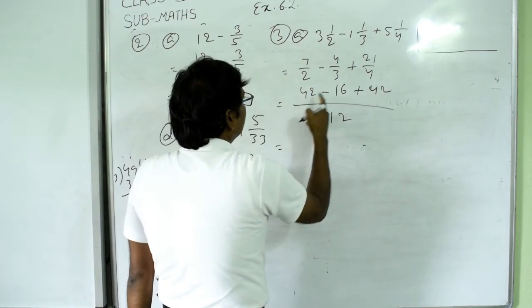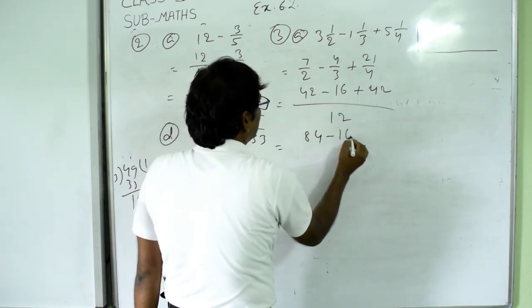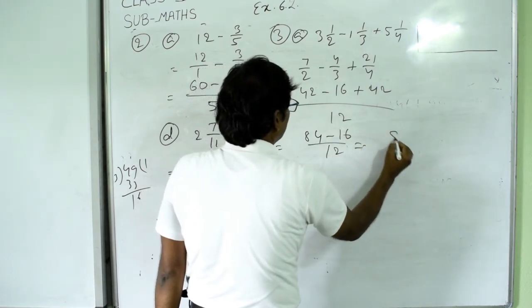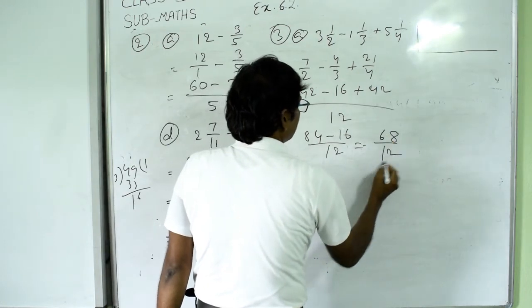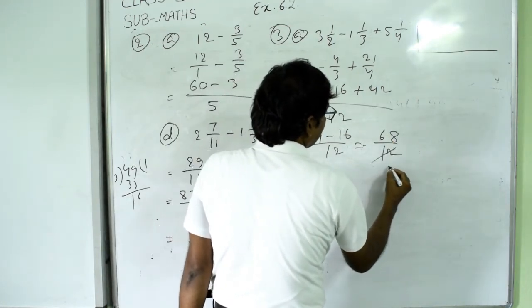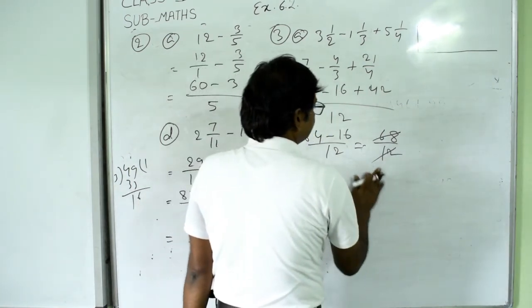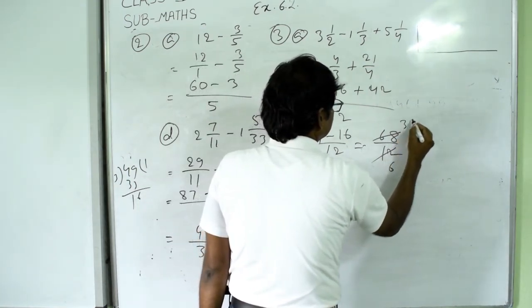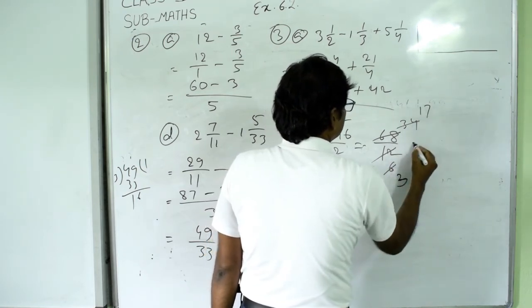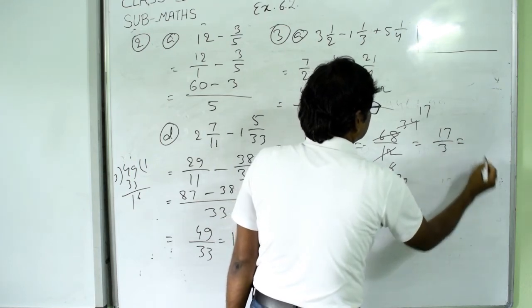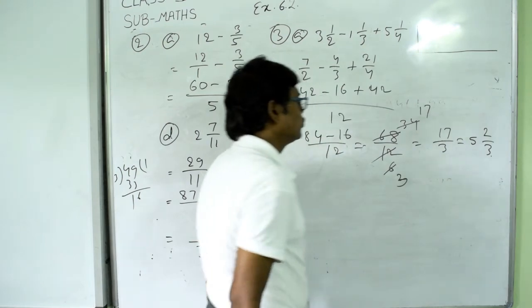So now 42 plus 42 minus 16 by 12 equal to, so this is the answer.